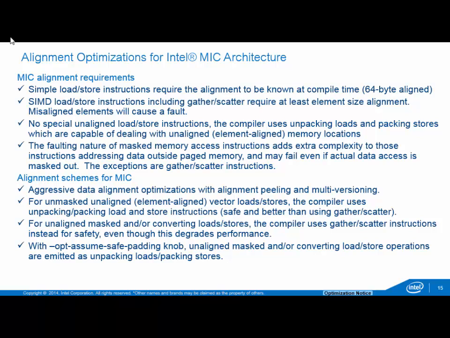And the Intel Xeon Phi architecture, as you know, is different from Xeon. On the Xeon, whoever used SSE 4.2, we have the movaps for aligned data access, and also the movups for unaligned data access, right?